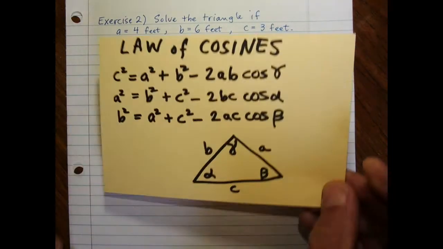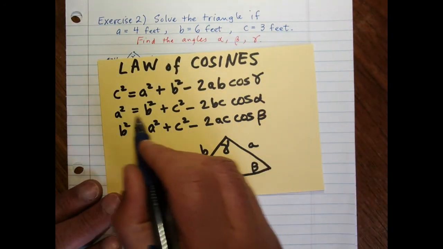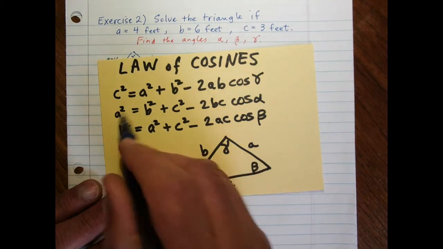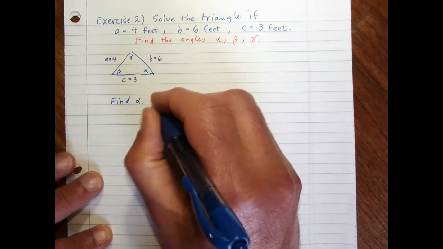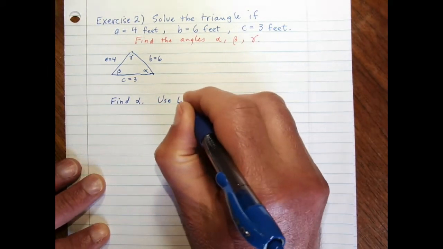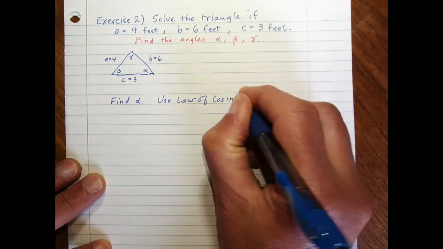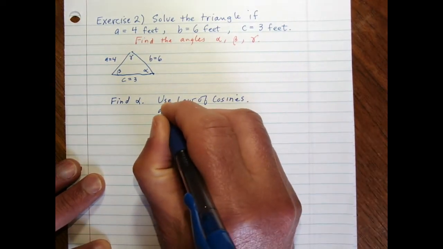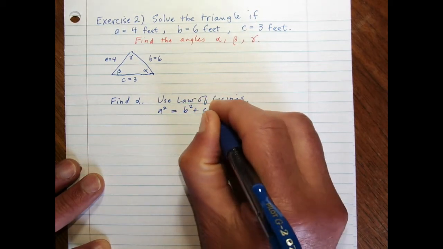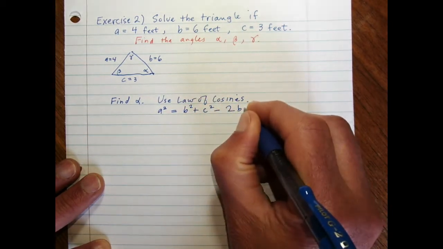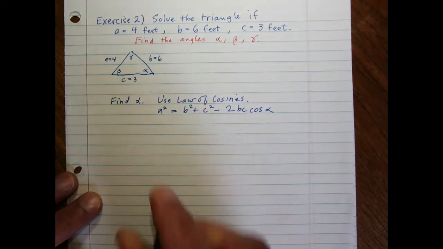If I'm going to find alpha, I need the form of the law of cosines that involves alpha. That's the middle one on my card here, that starts with a squared. So I'll copy that down. I'm going to use the form that starts out a squared equals b squared plus c squared minus 2bc cosine alpha, and I'm going to plug in.